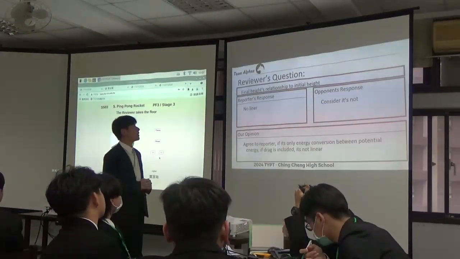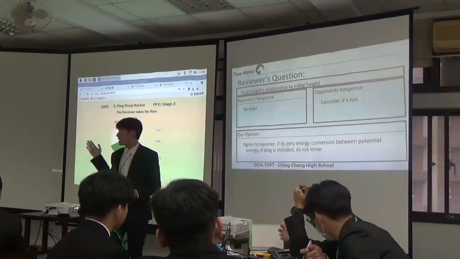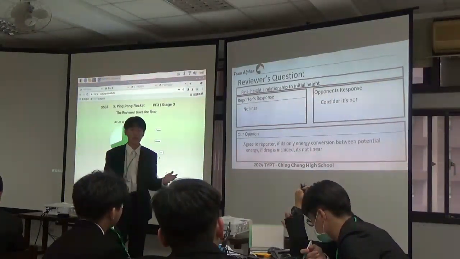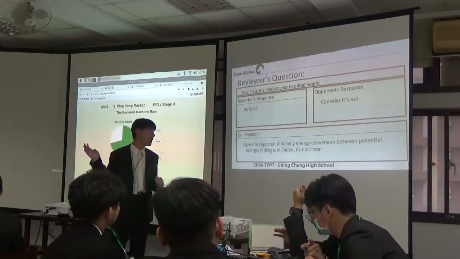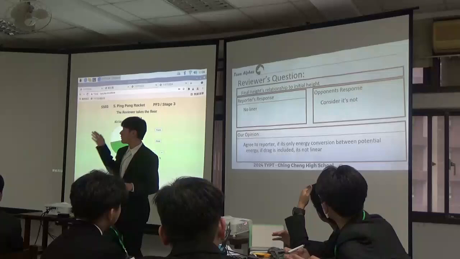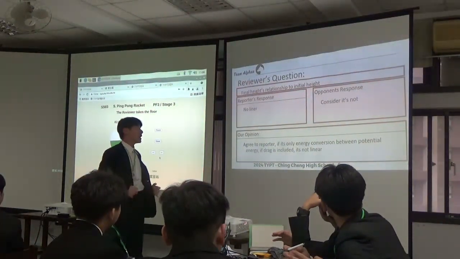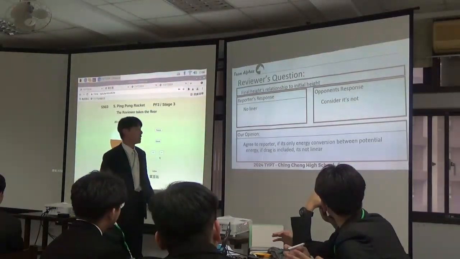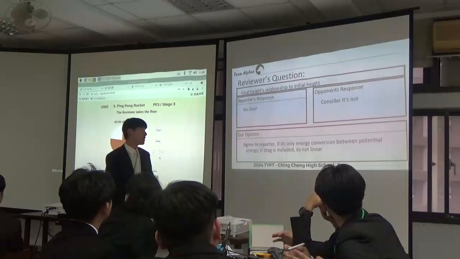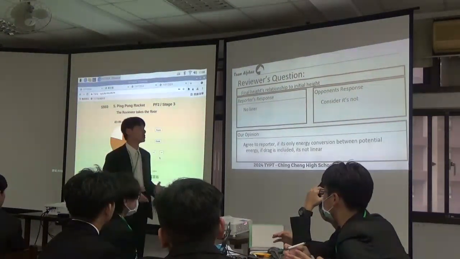For the final height relationship to the initial height, the response is nonlinear. We agree with the reporter, but for the model they originally showed in their slides, that is only energy conversion between the potential energies, it will be linear. But if jerk is included, it's not linear according to their discussion.